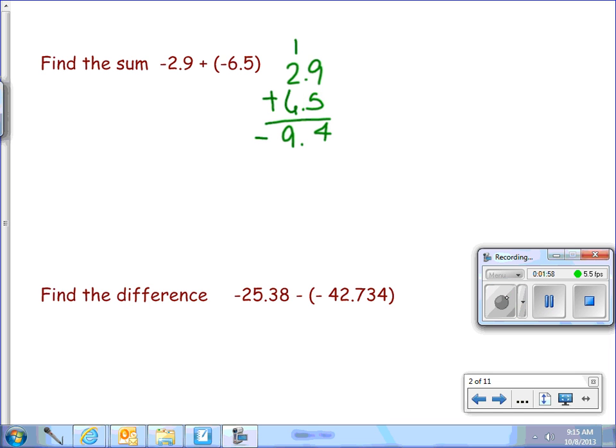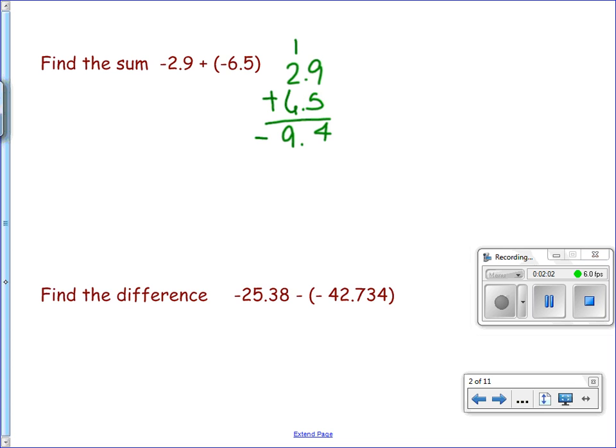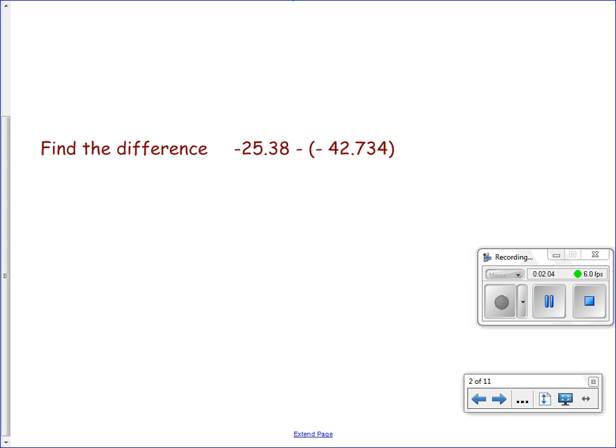Next, we're going to find the difference. Before you can solve this, you need to remember your rules for subtracting. You are going to add the opposite. So now I have a negative and a positive. I'm adding. So if you remember in your rules, you are going to now subtract them.